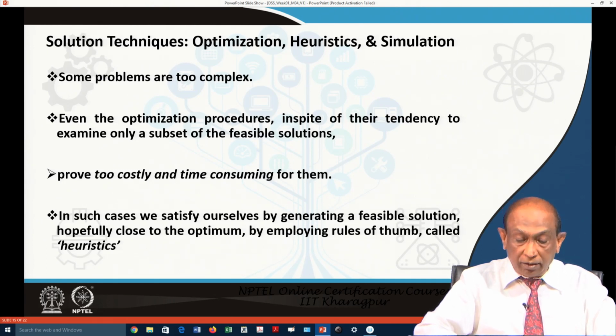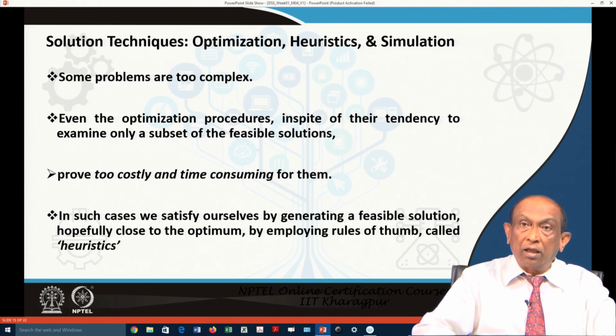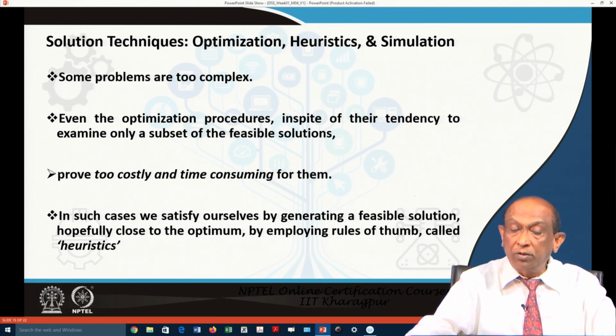So, when the problem in hand is very complex, then we have observed that optimization techniques will take a lot of time, and it is also very costly to solve those kinds of problems using those optimization techniques.